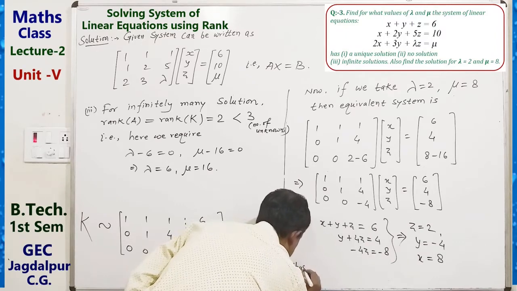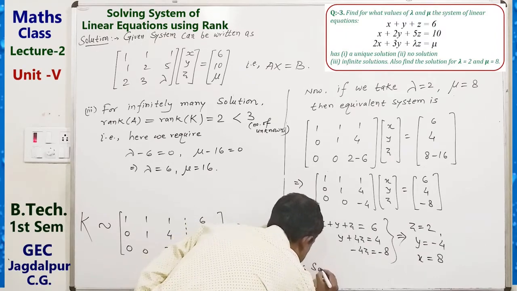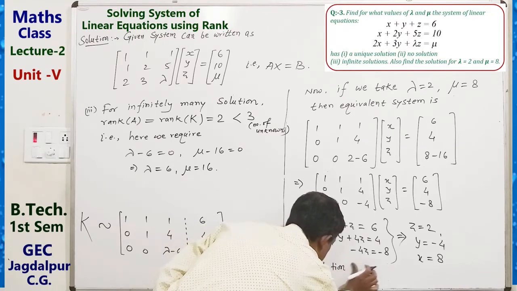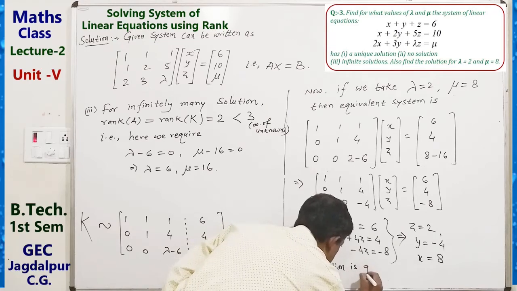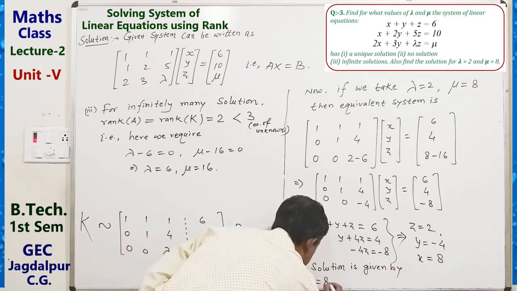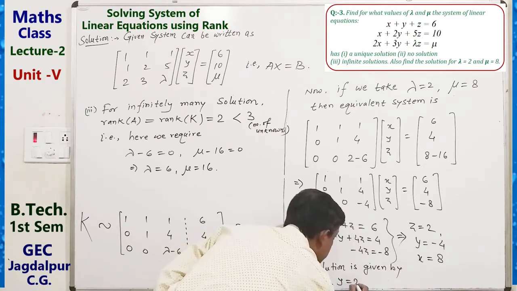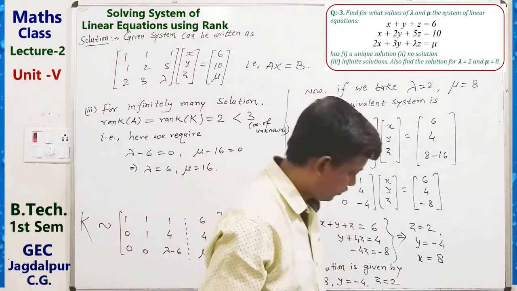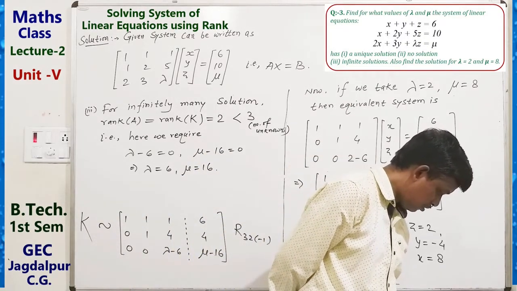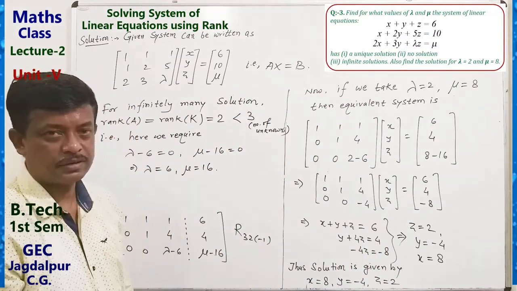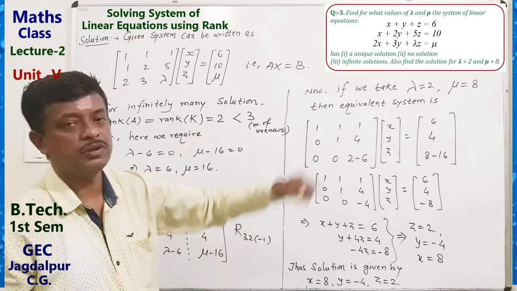Thus, the solution is given by x equals 8, y equals minus 4 and z equals 2. Clear? So this is the solution for lambda equal to 2 and mu equals 8.